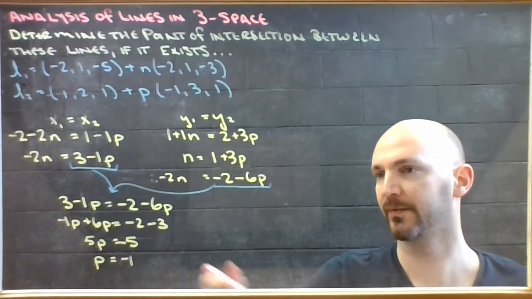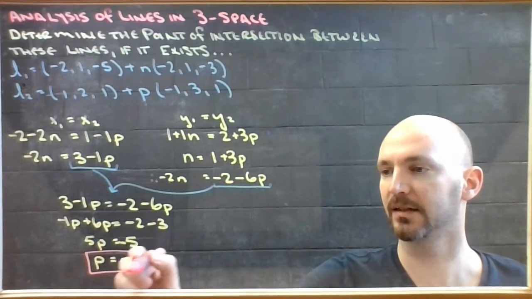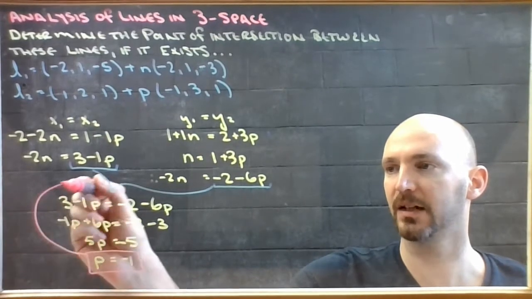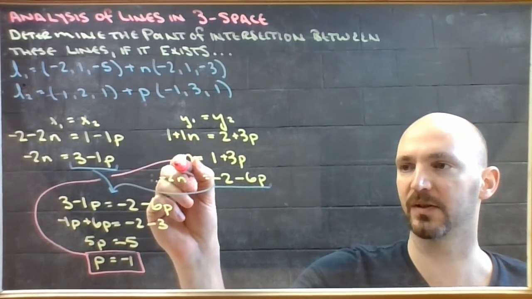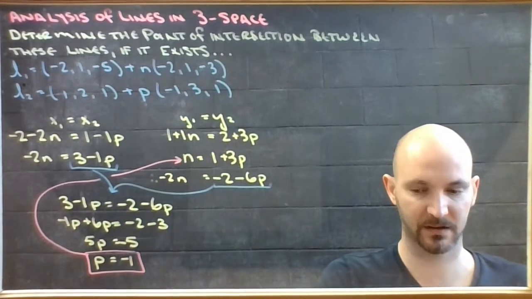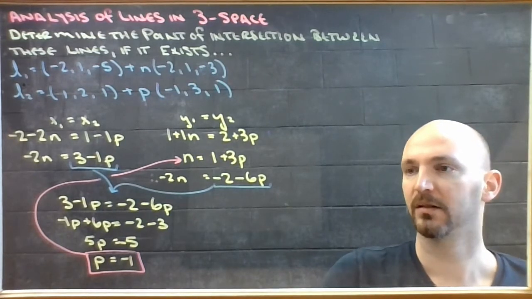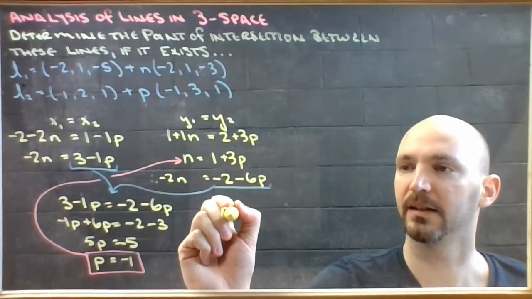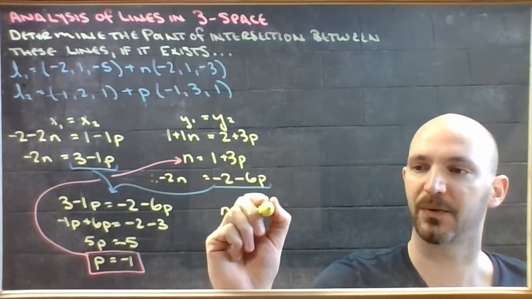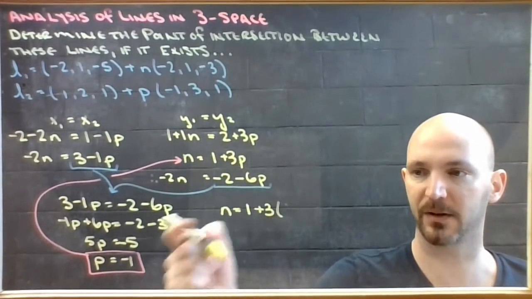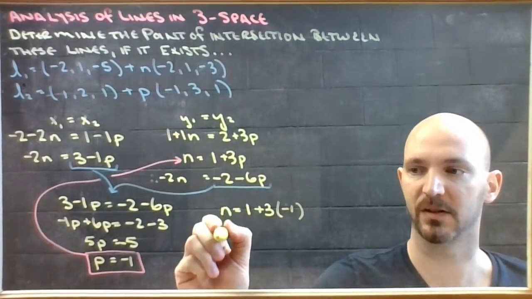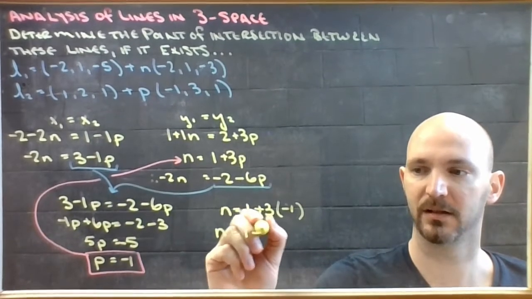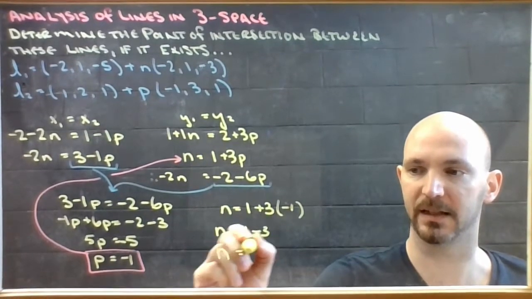Alright. So I'm going to take this and I'm going to drop it into any equation with an n and a p, and I'm going to choose that one just because it's the simplest. So n equals 1 plus 3, and this p-value I already know is negative 1. So n is 1, subtract 3, n is negative 2.